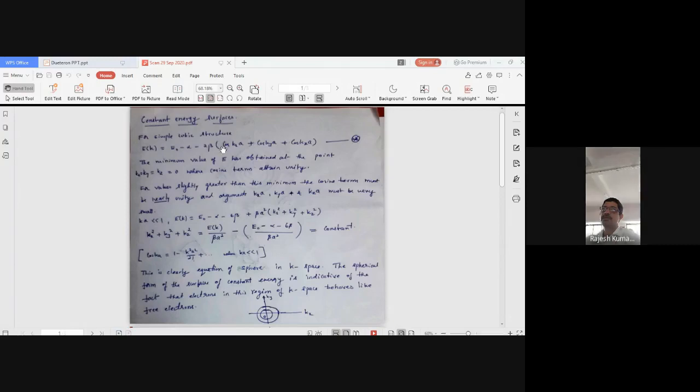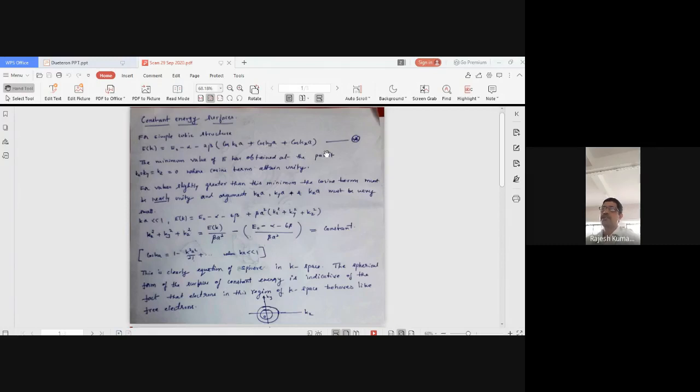However, if kx, ky or kz is very slightly greater than 0, in that case also we get the cosine terms very nearly equal to 1.